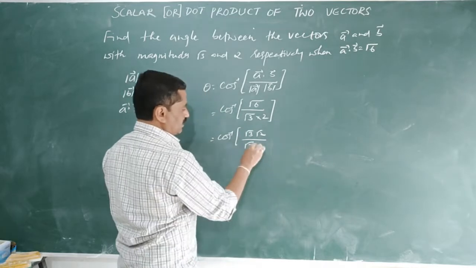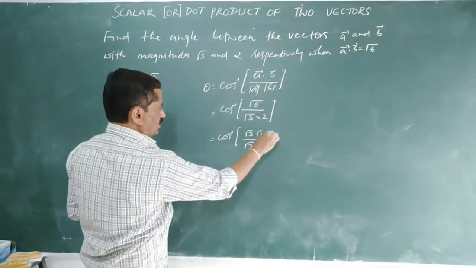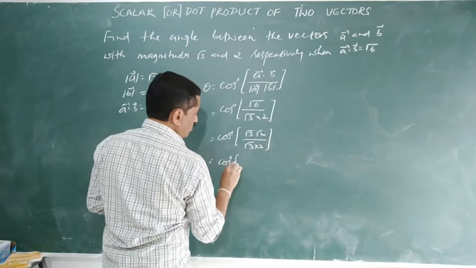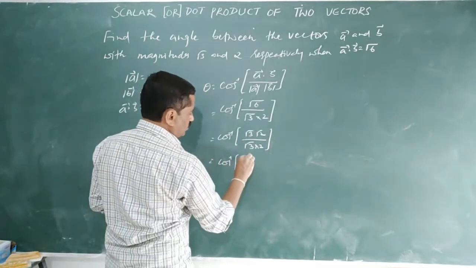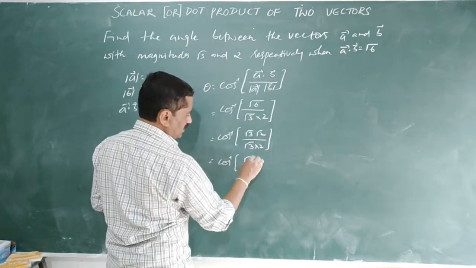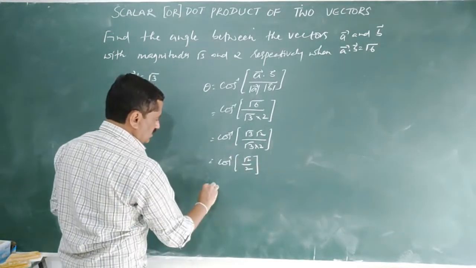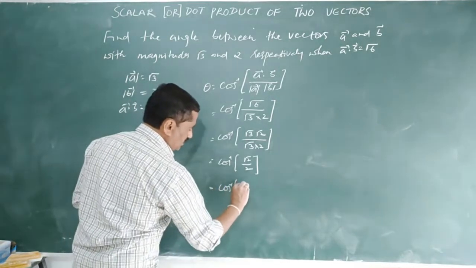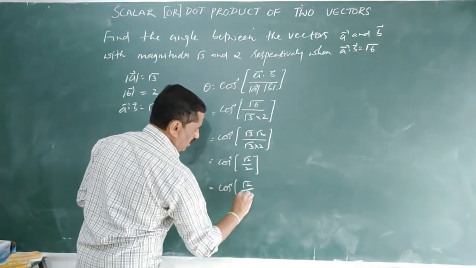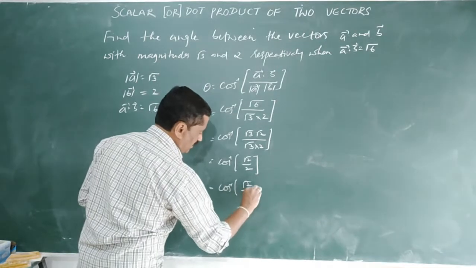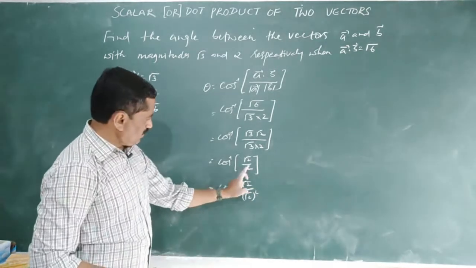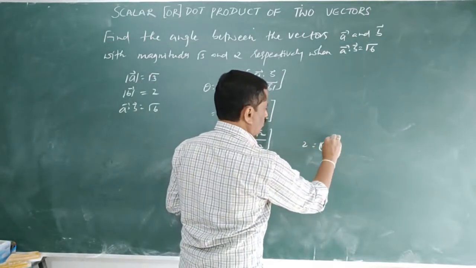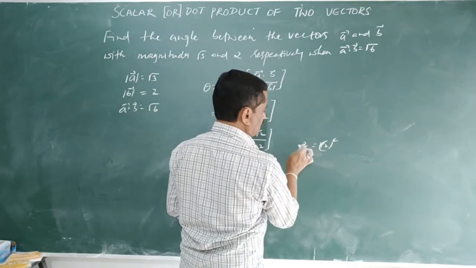Now again that is equal to cos inverse of, root 3 gets cancelled, we have root 2 divided by 2. Again this can be written as cos inverse of root 2 divided by root 2 whole square, since 2 can be written as root 2 whole square, that is, 2 and square get cancelled, we'll have 2.